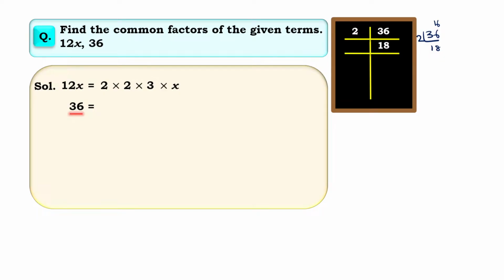Then again 2 divides 18, 2 nines are 18. Now 2 does not divide 9, so let us consider 3. 3 threes are 9.